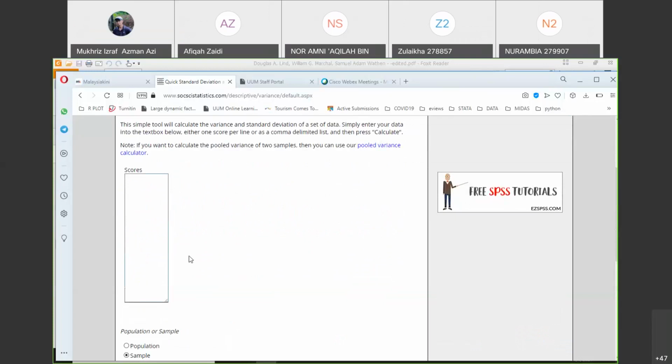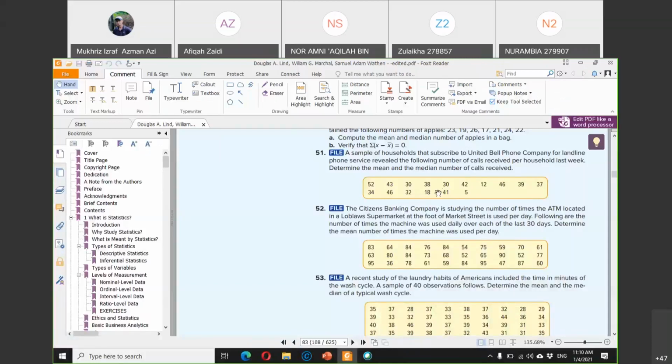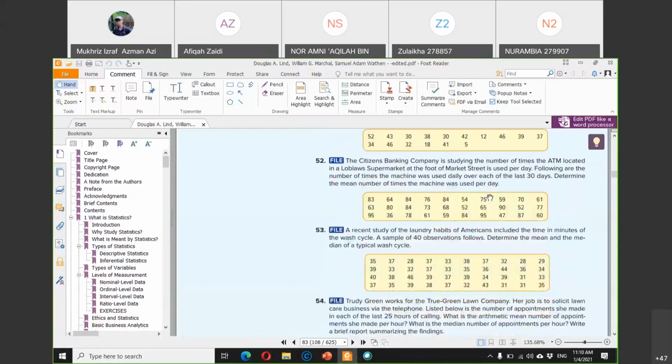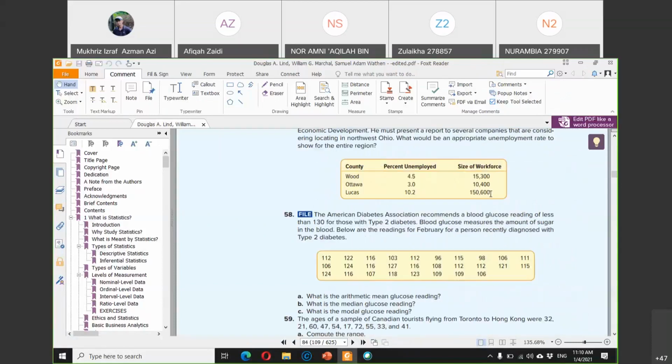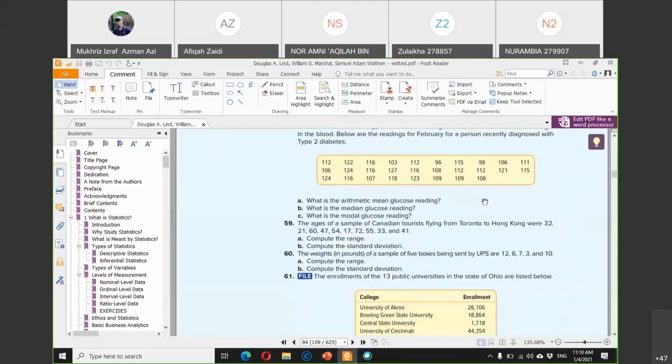Using this simple online tool, key in this data here.